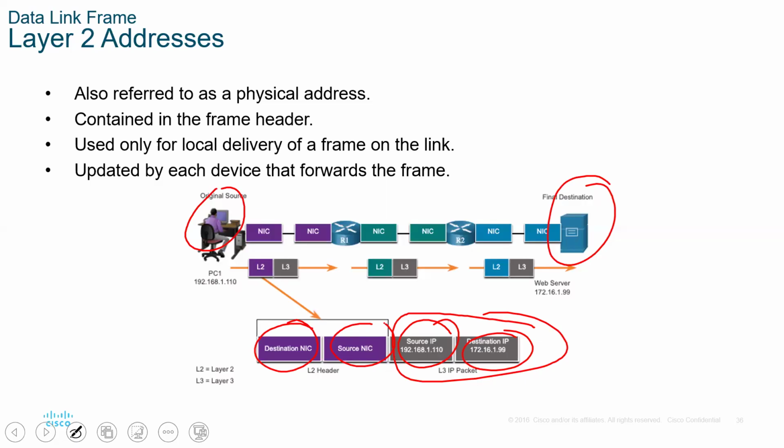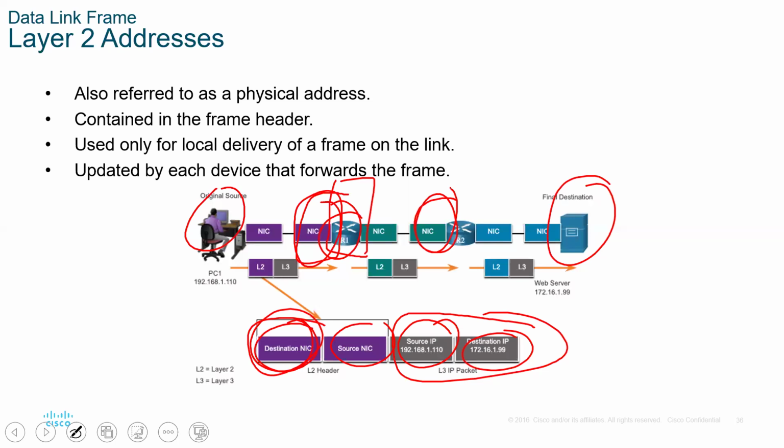That is going to be added into the frame so that by the time it gets to this device, what do you think will happen? The destination MAC address here is going to be the destination MAC address of this router. So this router is going to do its re-encapsulation and put a destination MAC address of the next router here.